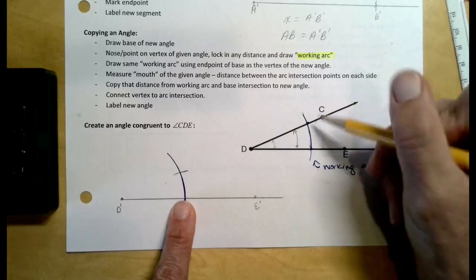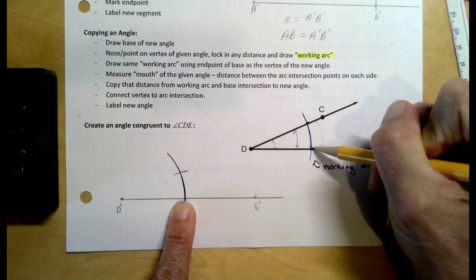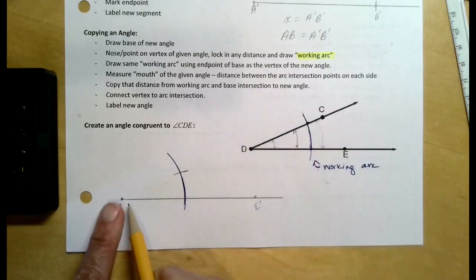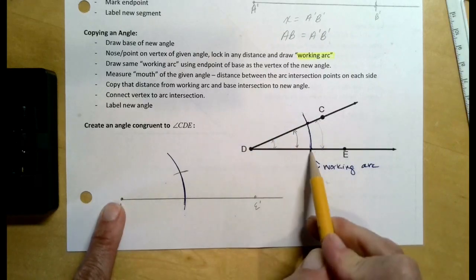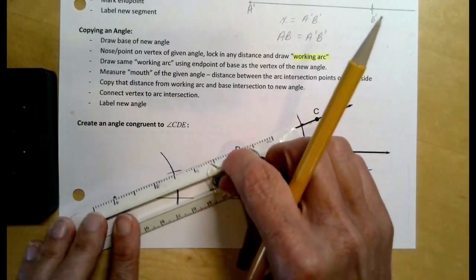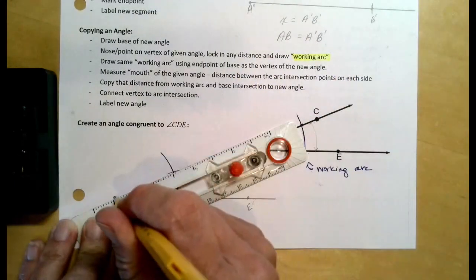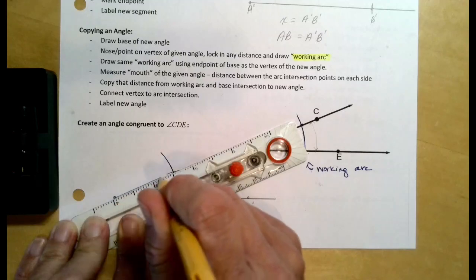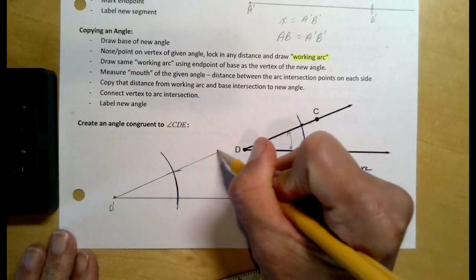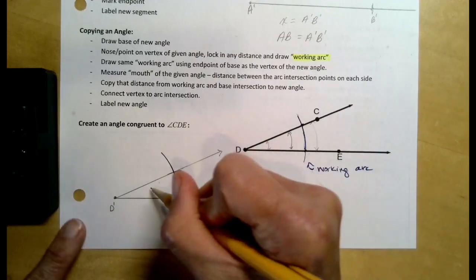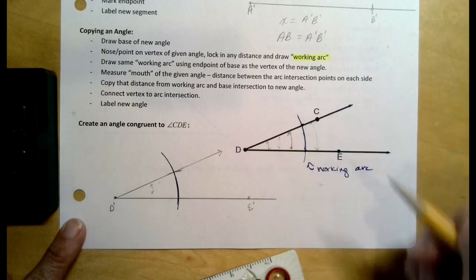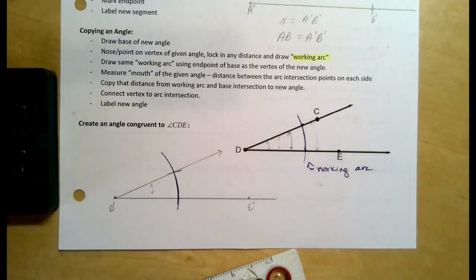Now I know the space between here and here is the same as the space between here and here. My working arc helps define where I measure the size of that opening. Now I connect my vertex through my point of intersection, and I know that this degree measure is now the same as this degree measure at that point.